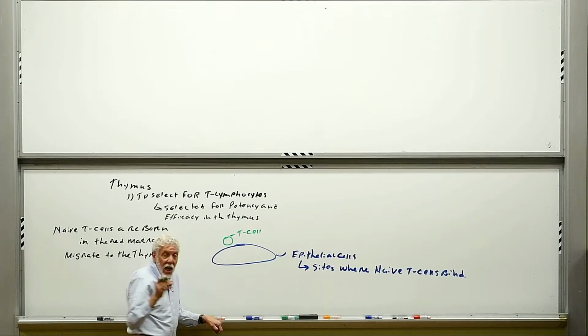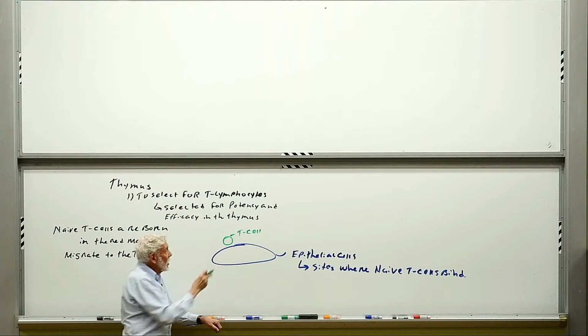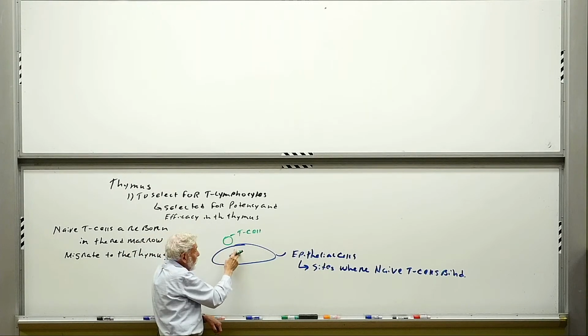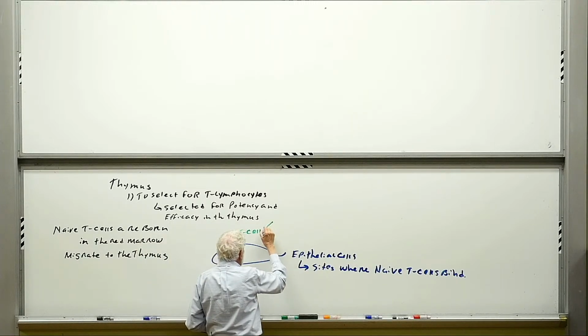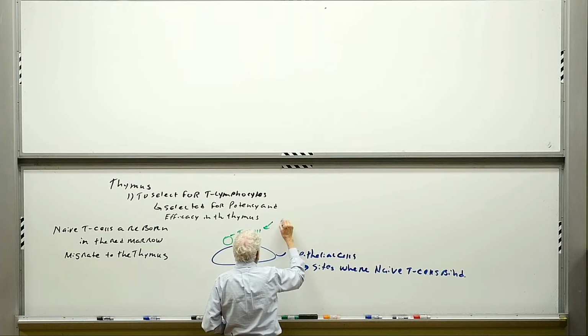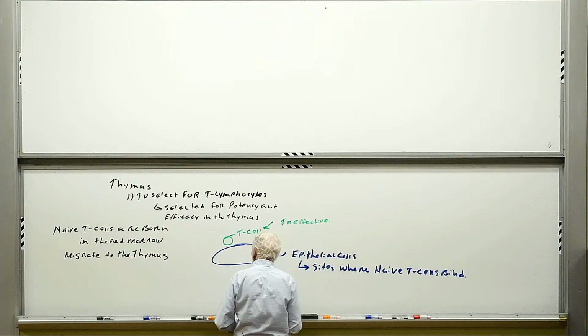All of our cells have these genes which generate proteins which are part of the apoptotic pathway. It's a kind of self-killing cell. So the cell will kill itself when it no longer receives growth factors. So basically, we're saying this T cell is ineffective. It lacks efficacy.